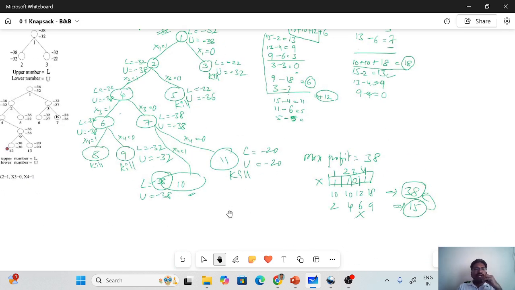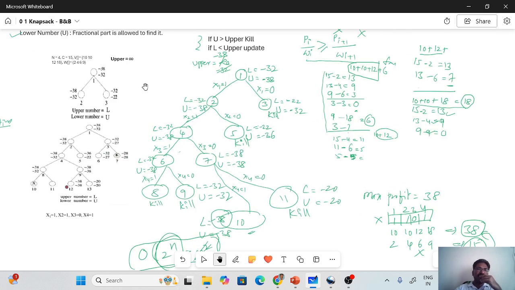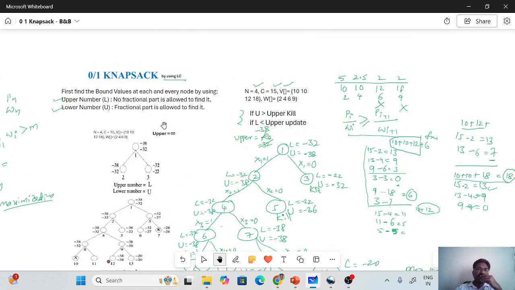That is also exponential, nothing but order of 2 power n into some n square. Ignore that, still it is exponential. So this is about the 0-1 knapsack using branch and bound, particularly using the least cost approach or least cost strategy. So thank you all.